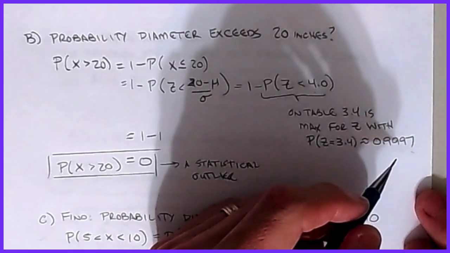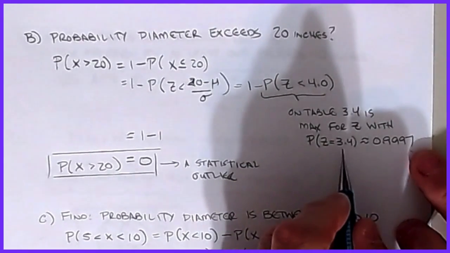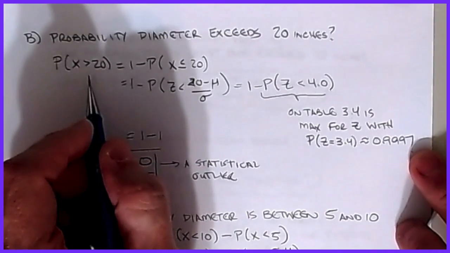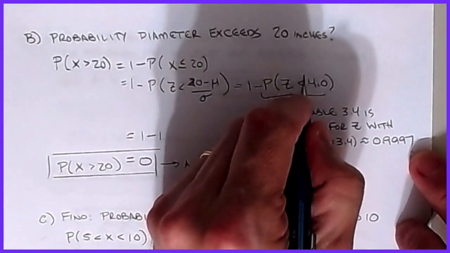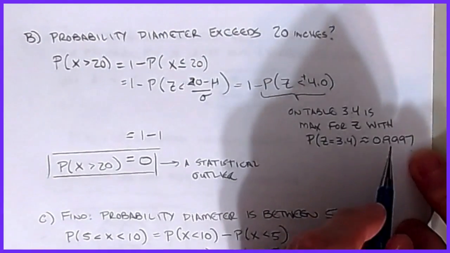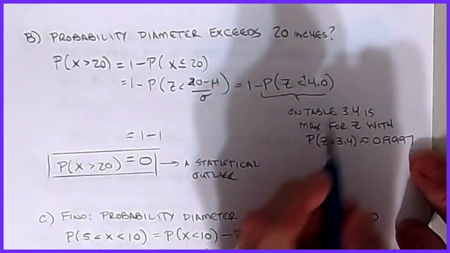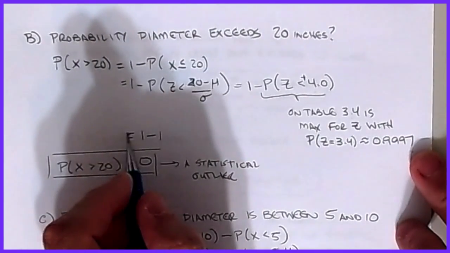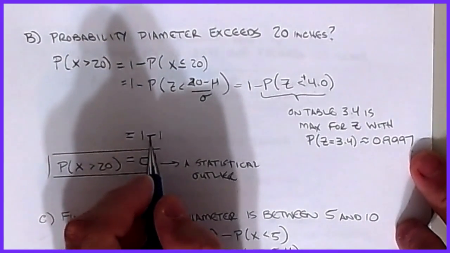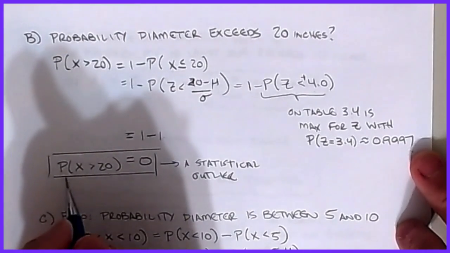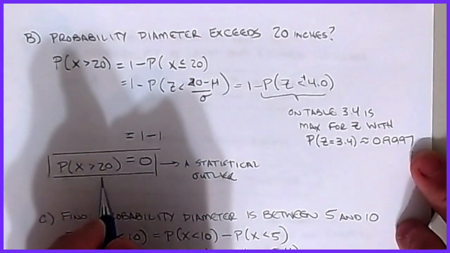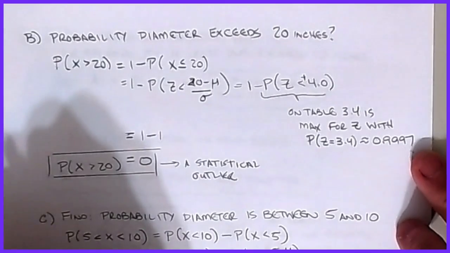Being at a positive 4.0 basically tells me that the probability is basically 1.0. So if I take the complement, 1 minus 1.0, this says the probability of finding a tree x greater than 20 is basically 0.